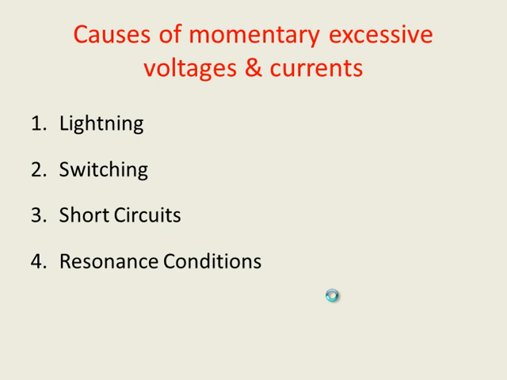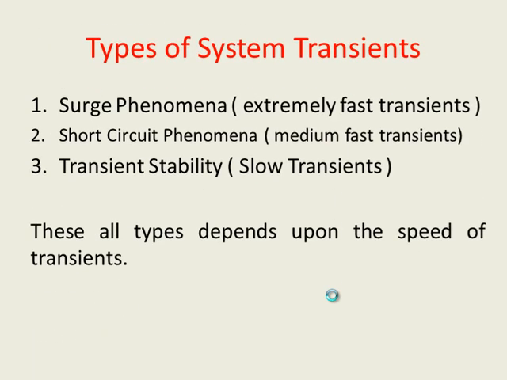Let us move to the next one. Types of system transients. Now there are three types.